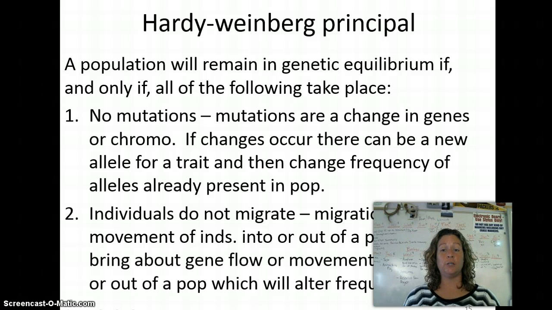This brings about gene flow, or movement of genes in or out of the population, which can alter frequencies. If you had a whole bunch of white rabbits that were able to survive and a black rabbit moved in, now you're going to start producing black babies, and you'll still have some white babies, but over time, from generation to generation, those allele frequencies will change, which means you're not in genetic equilibrium. So in order for things to stay the same, individuals do not migrate.